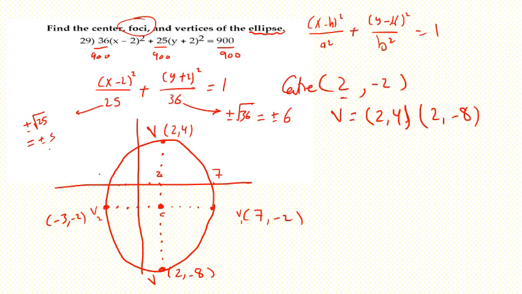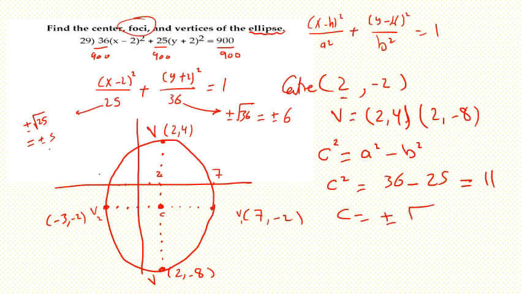And as we said, if I need to find the foci, c squared is equal a squared minus b squared. So c squared is equal 36 minus 25. So 36 minus 25 is equal to 11. So c is equal positive and negative root of 11. So I go back to the center, and the center here represents for me 2 and negative 2, and I will move up.